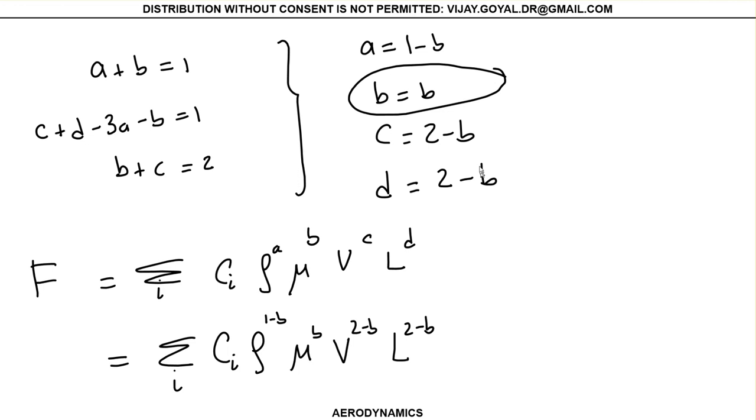So if I rearrange this equation now, you can see I have a square, I have a square, I have a square. So I'm going to go to the next page. And so my F is equal to the summation of Ci. I have rho, okay?